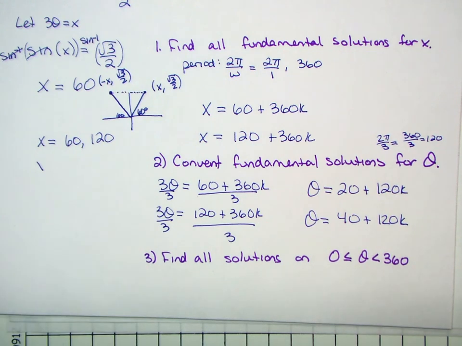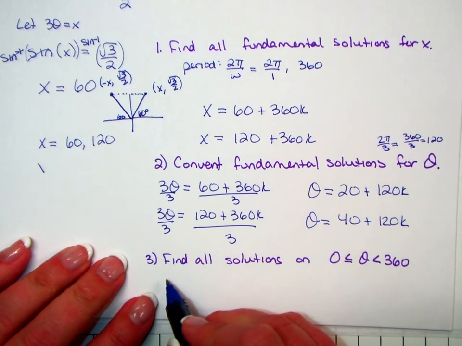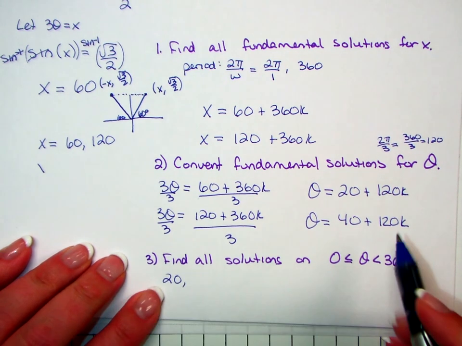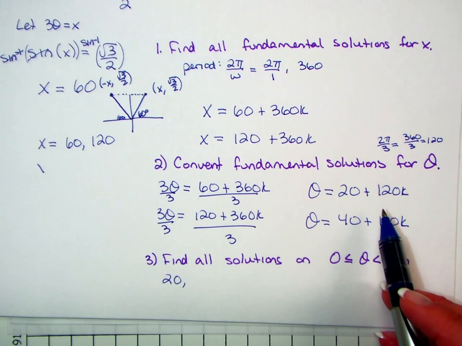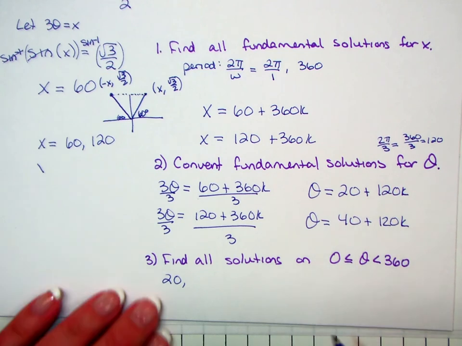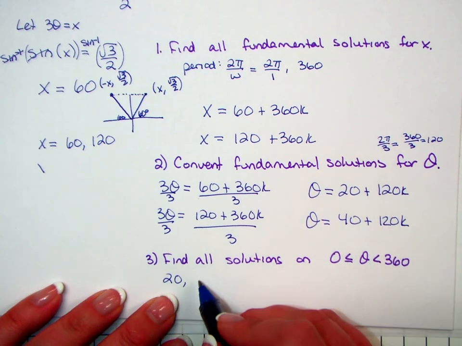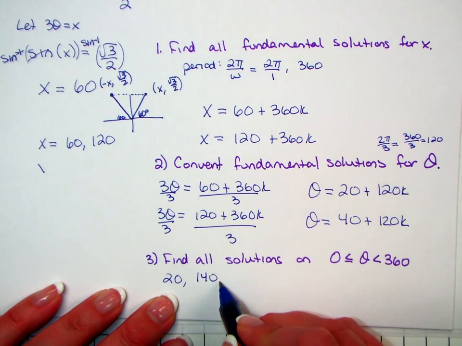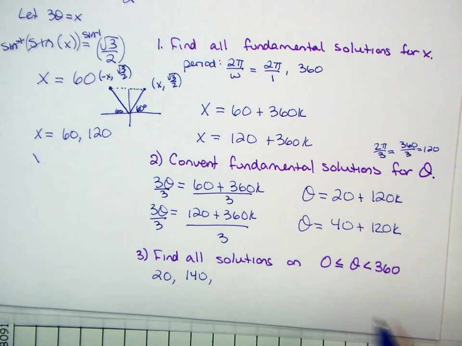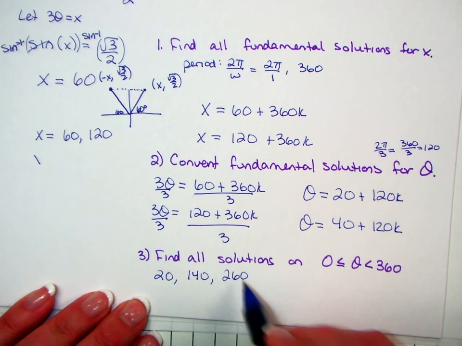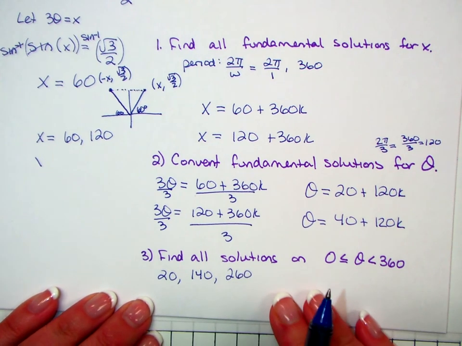I'm not sure. But if I wanted to find all the solutions, I'm just going to start with 20 and start adding 120 to it until it gets too big. So 20, if k is 1, I'm going to get 140. Can I add 120 again and still stay below 360? Yes, I can. So I'm going to get 260.